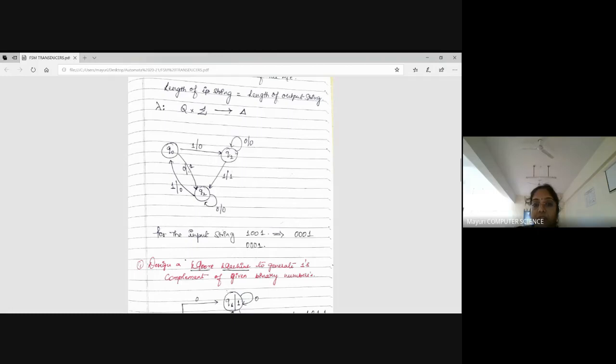Then I'm still in Q1. I'm consuming the next 0. Again it goes to Q1 only, its output is 0. Then from Q1, I'm going to Q2. On 1, I'm going to Q2. What is its output? Look at the transition. You should not look at which input you are going on, the output you have to check.